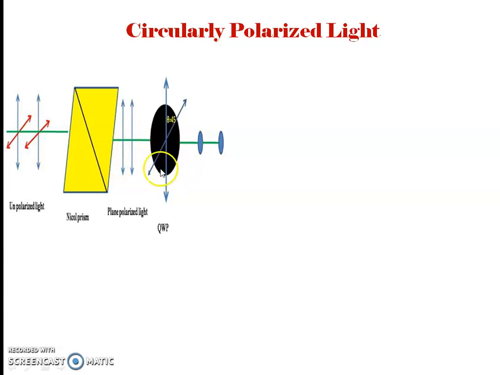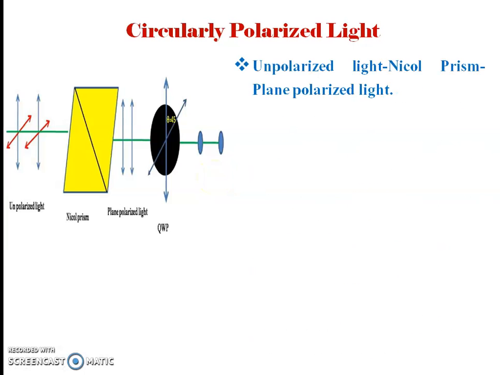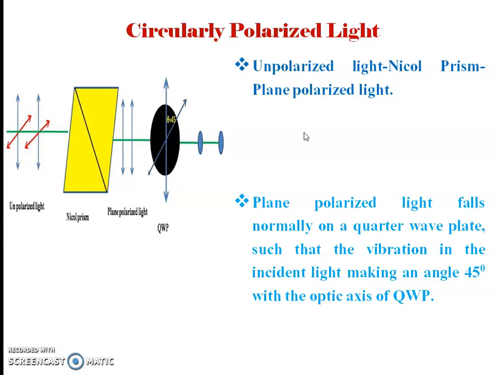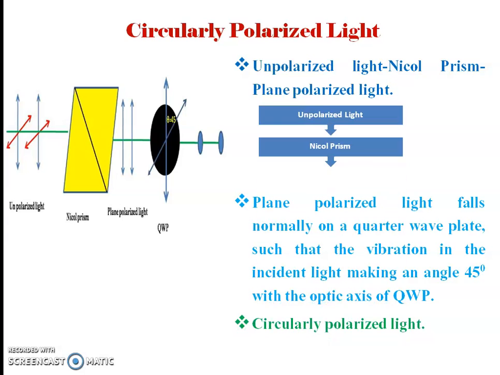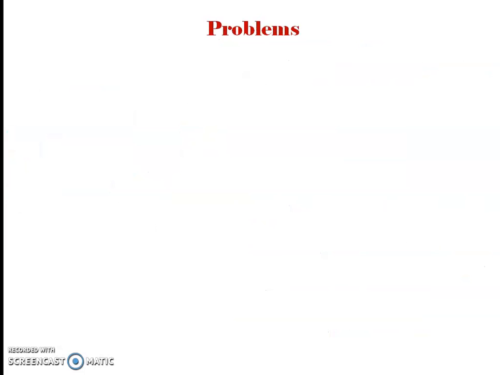And when it is allowed to fall on this quarter wave plate, ultimately we will get the circularly polarized light. So unpolarized light falls on the Nicol prism, and we get the plane polarized light, and the plane polarized light falls normally on the quarter wave plate, such that the vibration in the incident light makes an angle of 45 degrees with the optic axis of the quarter wave plate, and hence we will get the circularly polarized light. So this is how we get the circularly polarized light.